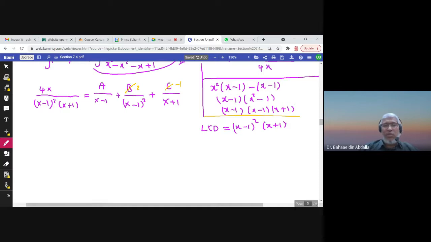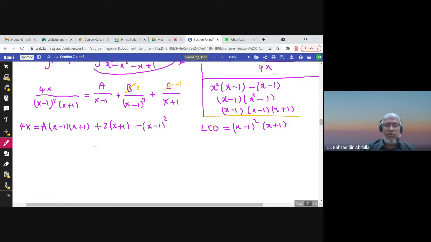I will multiply both sides by this. So I'll get immediately 4x equals a times what? X minus 1 will be cancelled with one of these, and I still have x minus 1 times x plus 1. Plus b now is 2, 2 times x minus 1 squared would be cancelled, and I'll have x plus 1. C is minus 1, so minus x plus 1 would be cancelled, and I'll have x minus 1 to the power 2.